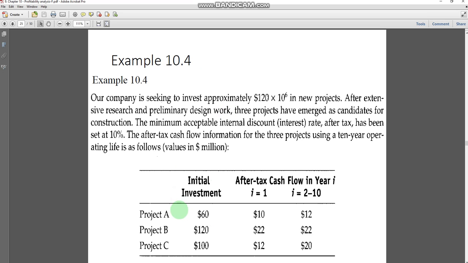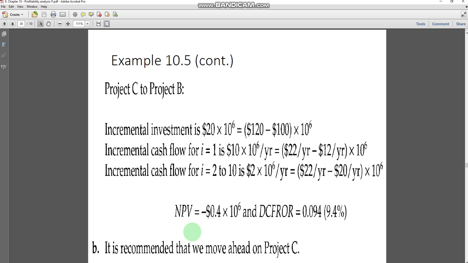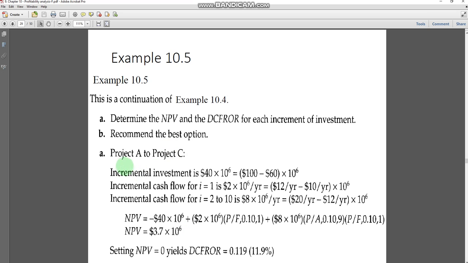Then which other project can you see? You can invest into project B or project C, with $40 million more invested, and do the analysis, and finally you can see if you invest totally into project B, what would be the rate of return and the net present values. So for the same thing we have to do this here.